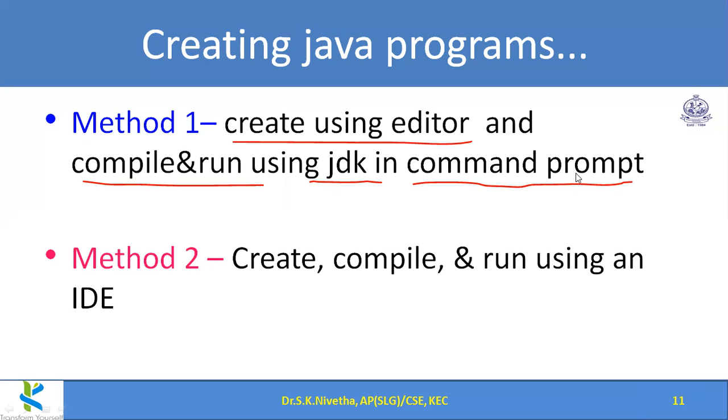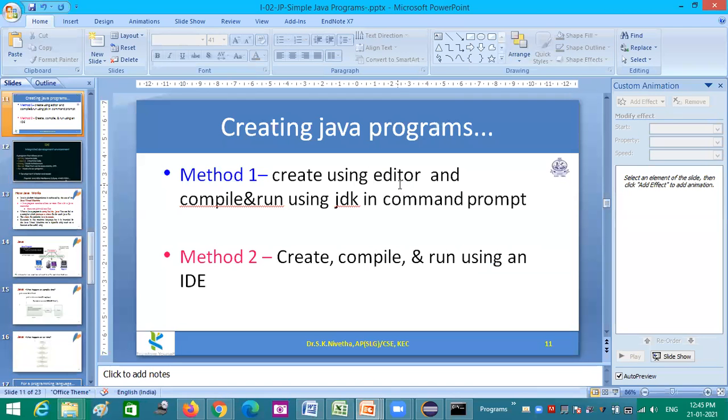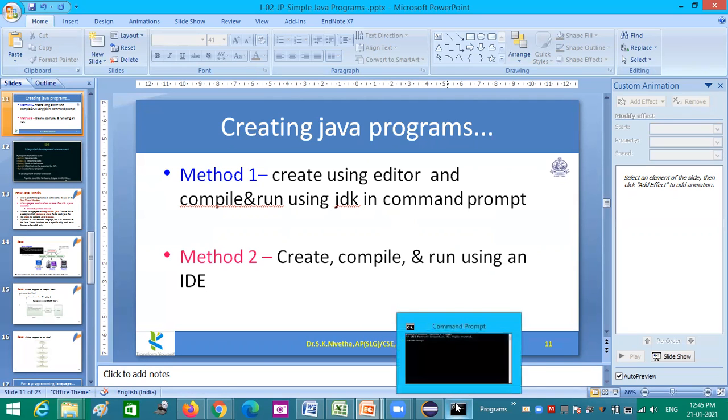So in method 1 we shall see how to create a Java program and how to run it. We have not yet seen how to create a simple Java program; I'll be explaining that in the forthcoming slides. First we shall see how to do it in the command prompt.